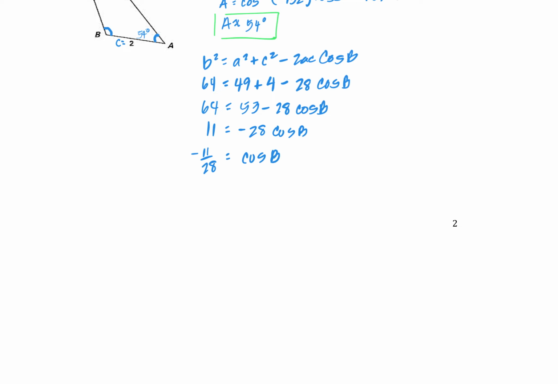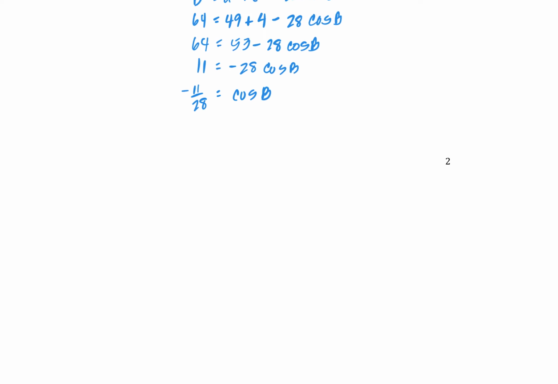And at this point, I would use my calculator to figure out what angle B is. It's going to be cosine inverse of negative 11 over 28. Since I'm putting in a negative value, I'm going to get an angle in quadrant 2. After putting that in the calculator, I get 113.1323964, which is in quadrant 2.